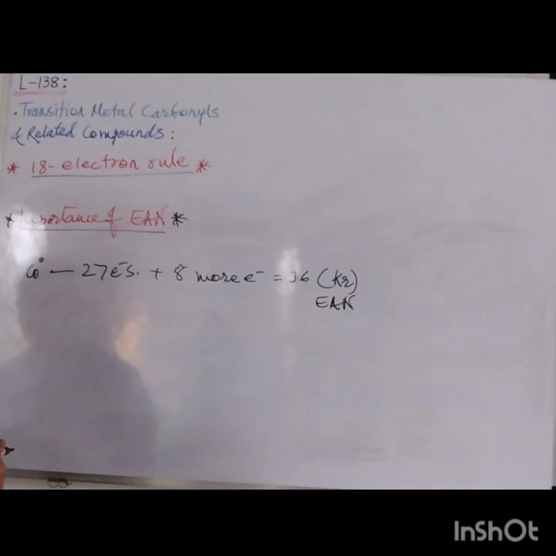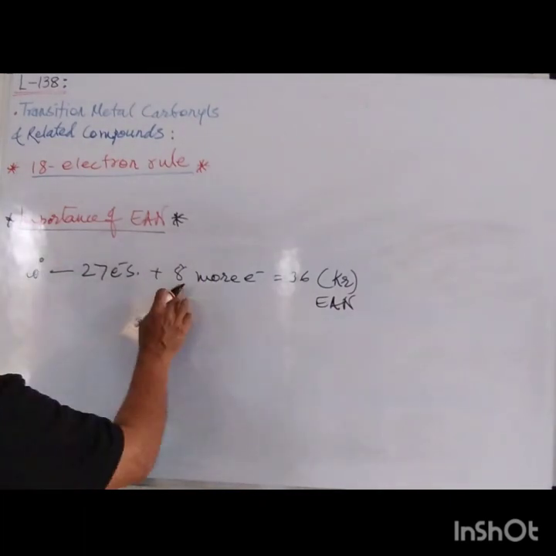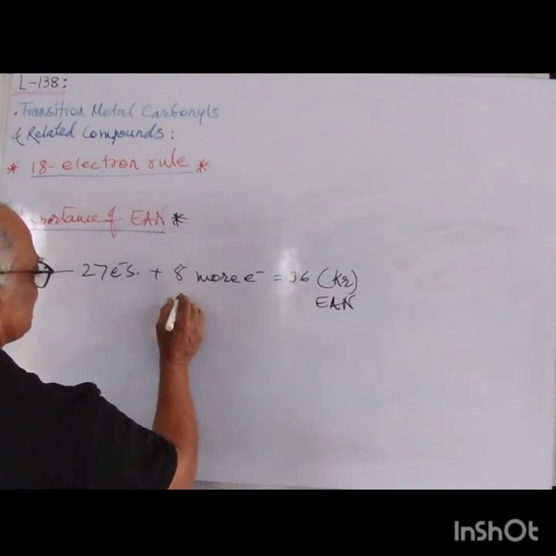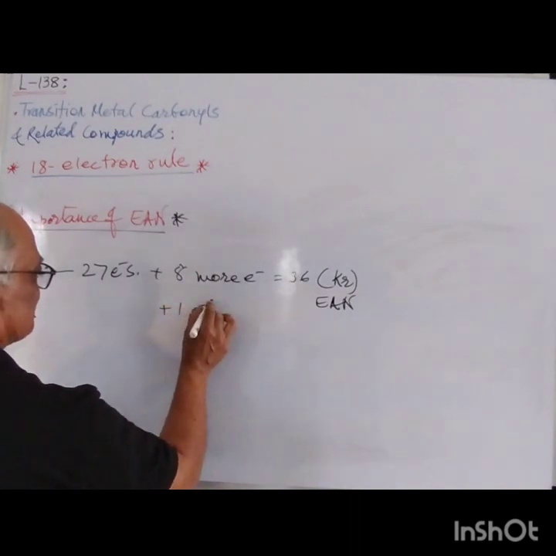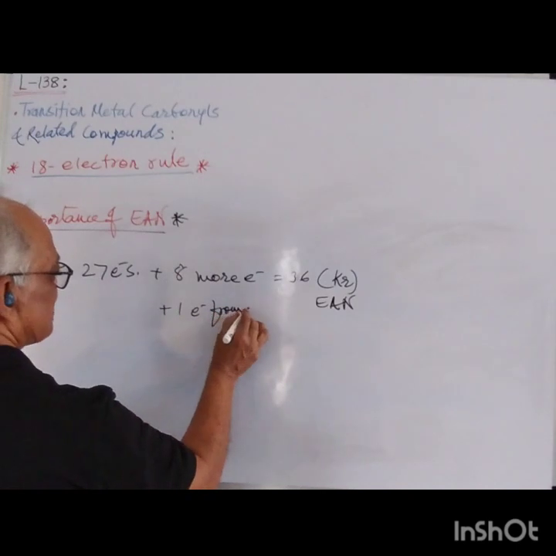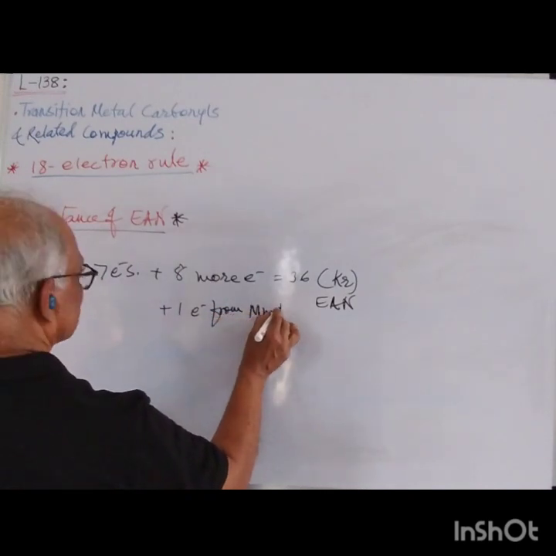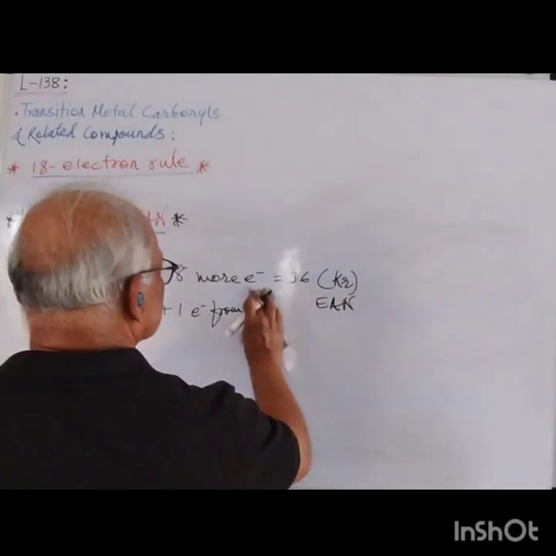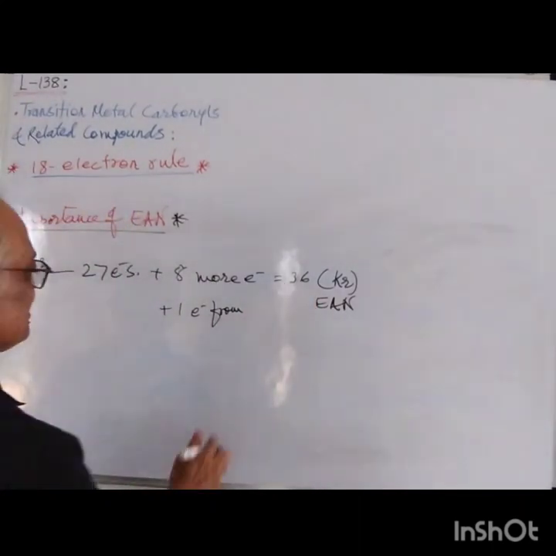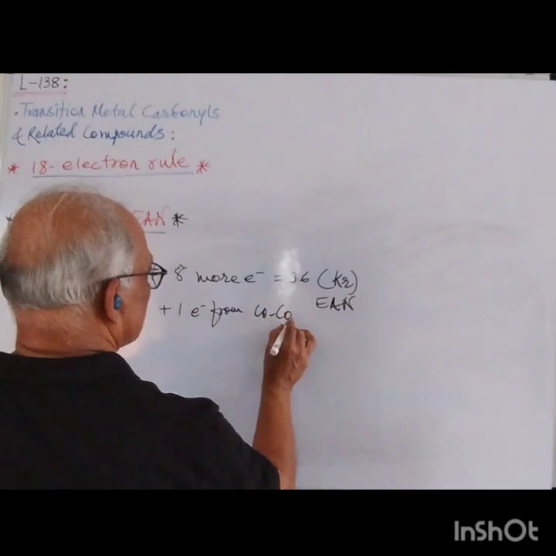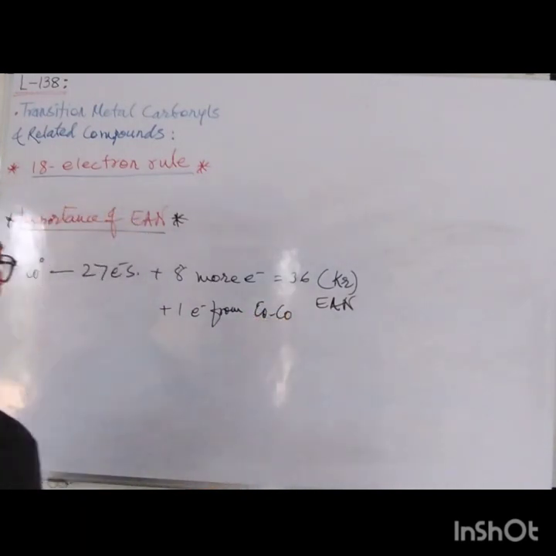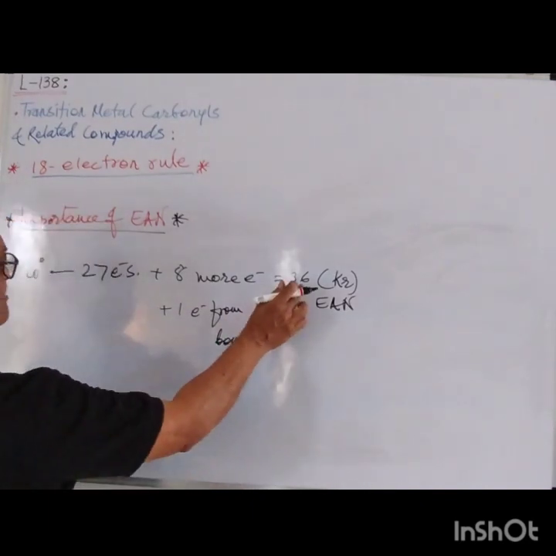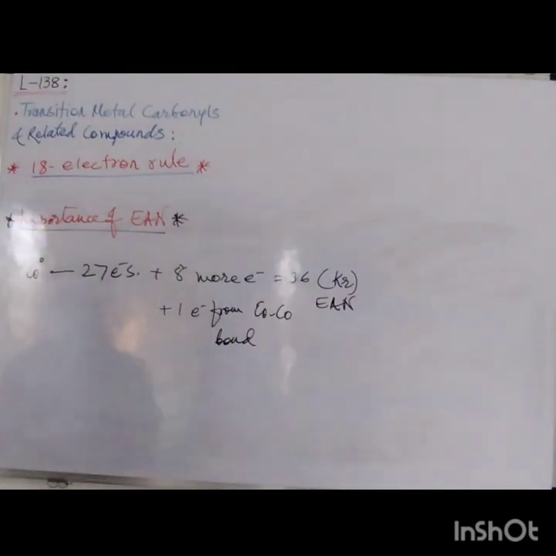So one more electron is added, plus one more electron from the Co-Co bond. So in this way it will complete the 36 number.